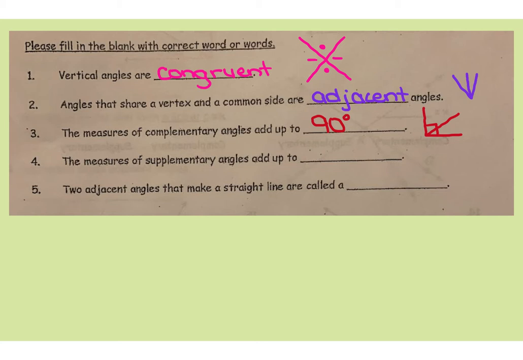All right, the measures of supplementary angles. 180 degrees. These are the ones that form the straight line. Or we can look for the half circle. And then the half circle is 180 degrees. And I want you to cross out the last one.